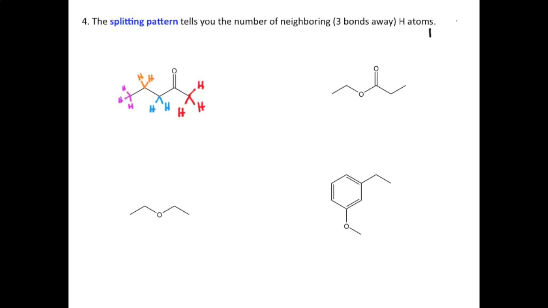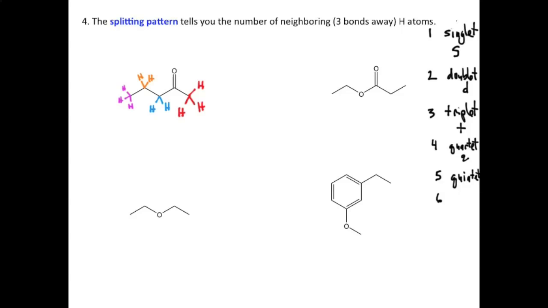If we have 1 peak, we call that a singlet, and that's abbreviated with an S. If your signal is broken into 2 peaks, that's called a doublet and abbreviated with a D. If your signal is comprised of 3 peaks, that is a triplet, abbreviated with a T. 4 is called a quartet, abbreviated with a Q. As we go down, 5 peaks is a quintet. 6 peaks is a sextet. 7 is a septet.